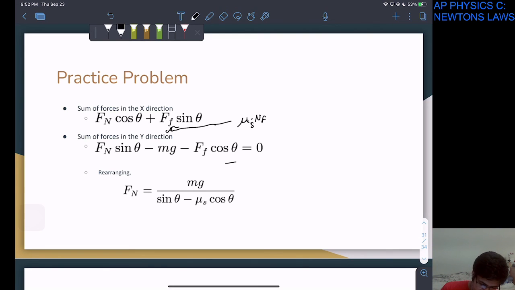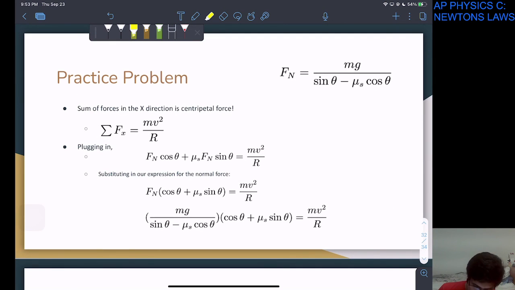And over here we have the same thing, so we have mu s times Fn. And we can solve for Fn in the second equation here. So this Fn comes from this equation here, and if we rearrange it, we end up getting this expression. So we have an expression for our normal force. Okay, I'll just paste it over here just to remember.